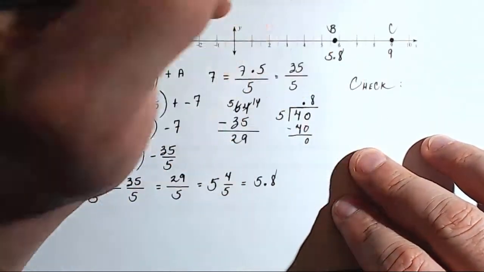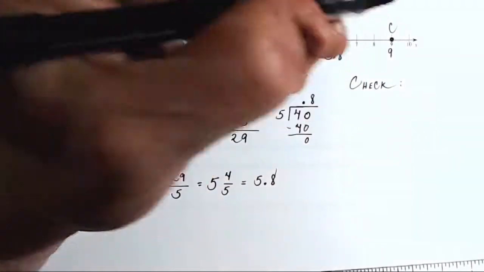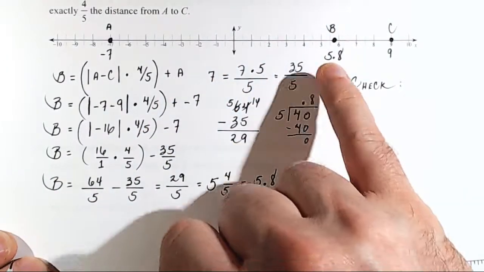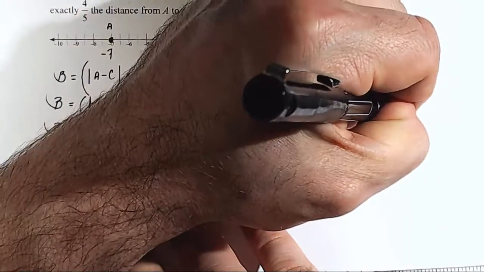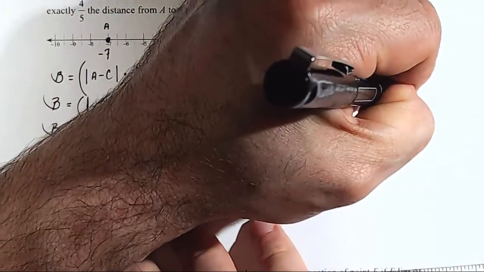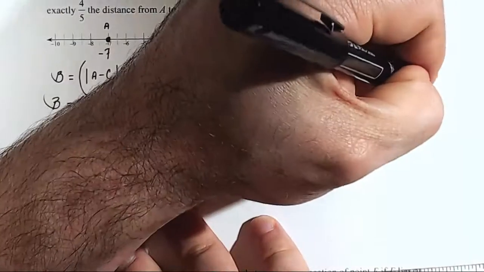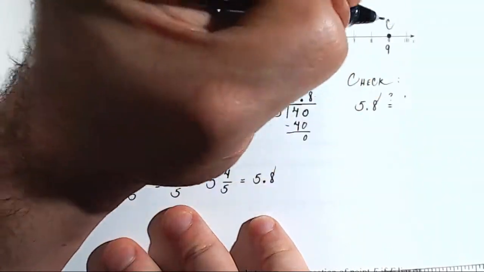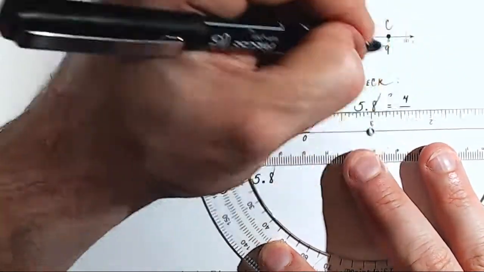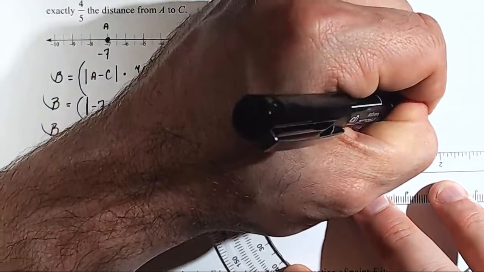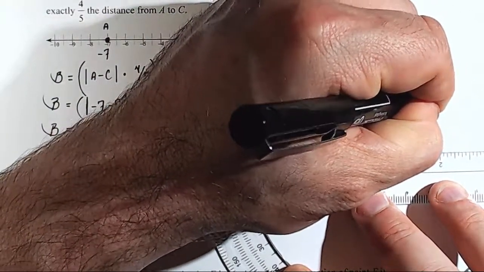So we would take 5.8 and we'd say, does 5.8 really equal 4/5 the distance between those 2 points. So that would be 4/5 times 16.